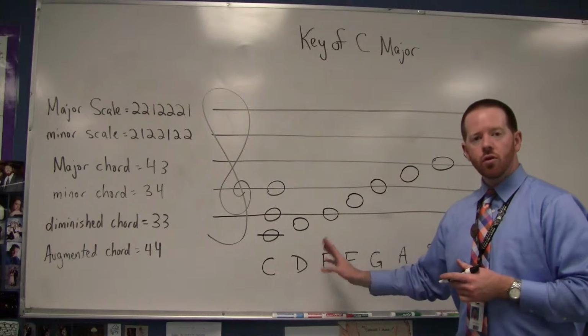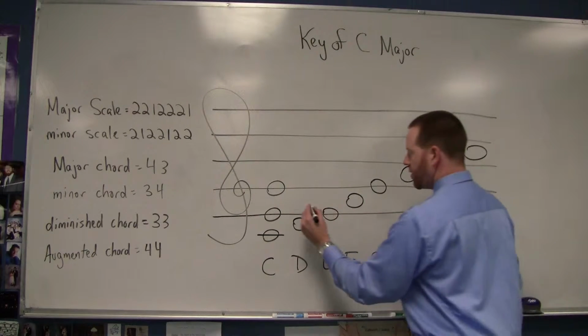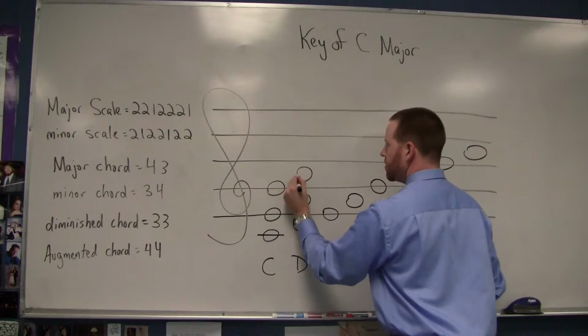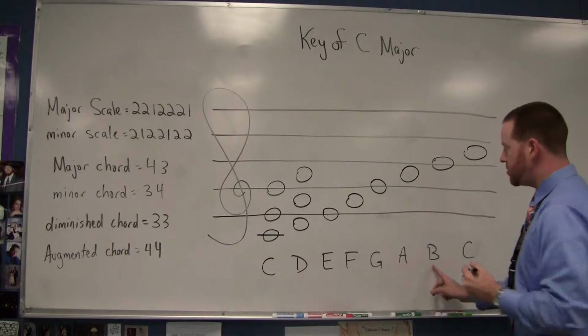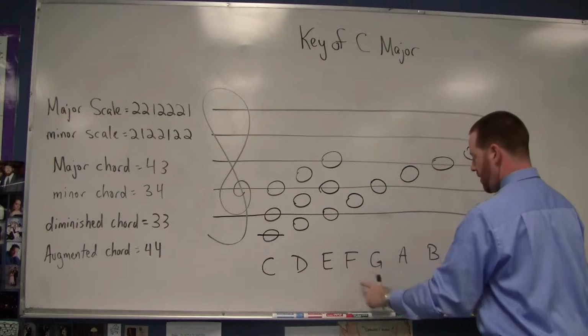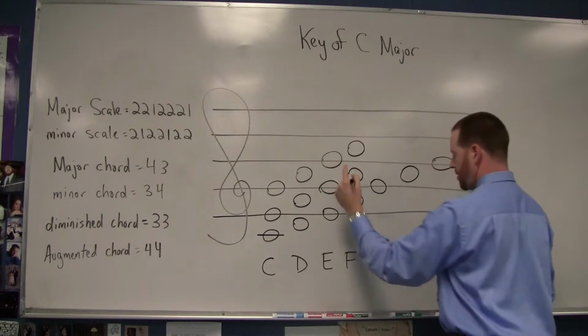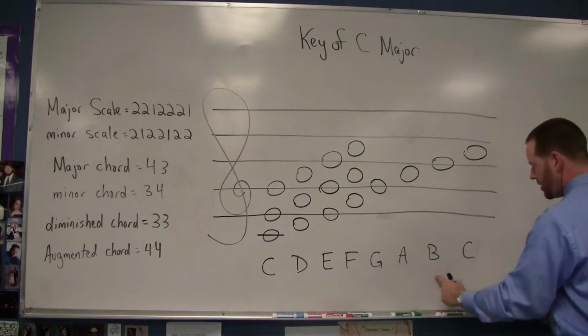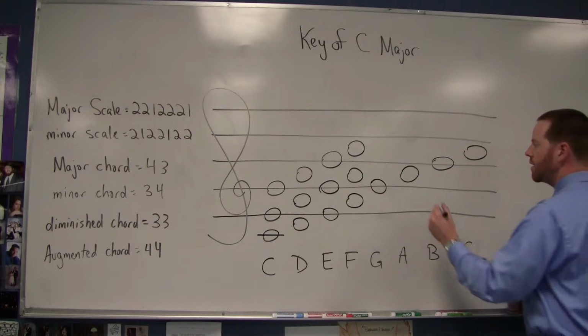The following chords go by the same pattern, so D, F, and A will go together to form the second chord in the key. E, G, and B, F, A, and C, G, B, and D, which would be here as the scale is infinite.